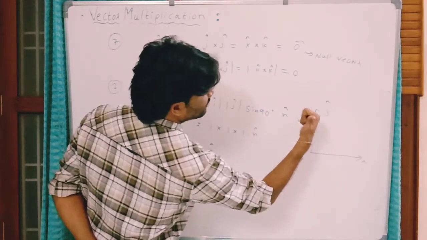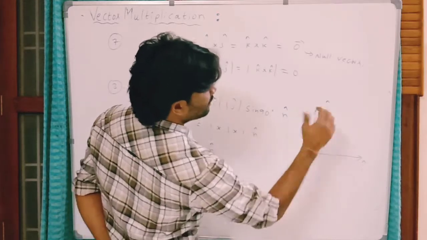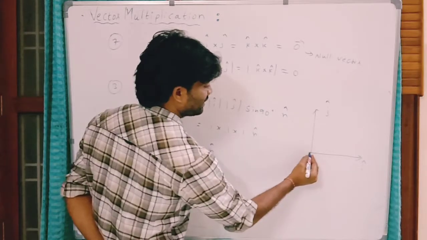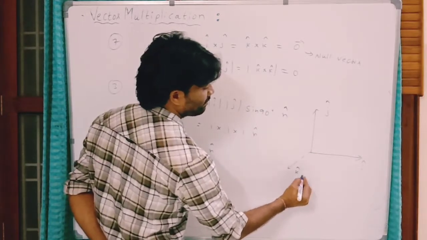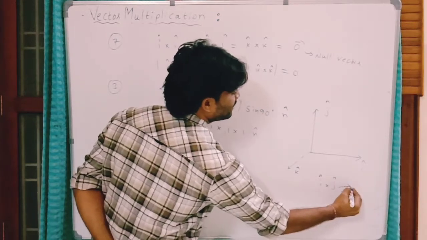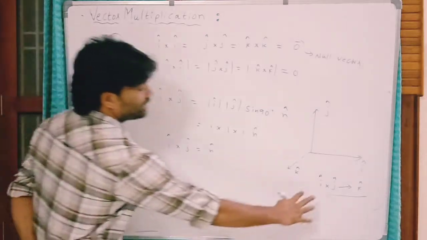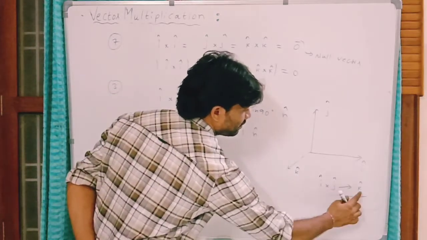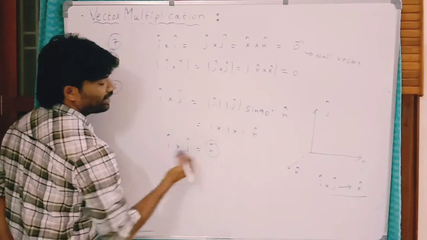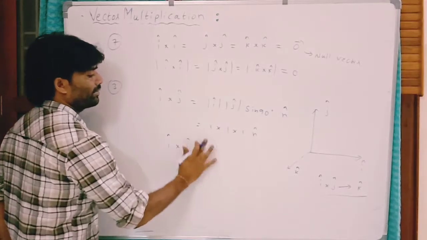By closing, you will get the direction of I cross j perpendicular to the plane of I and j, that is along the positive z axis. That means this is k cap. So the direction of I cross j is given by k, along the direction of k cap. N cap here is k cap.